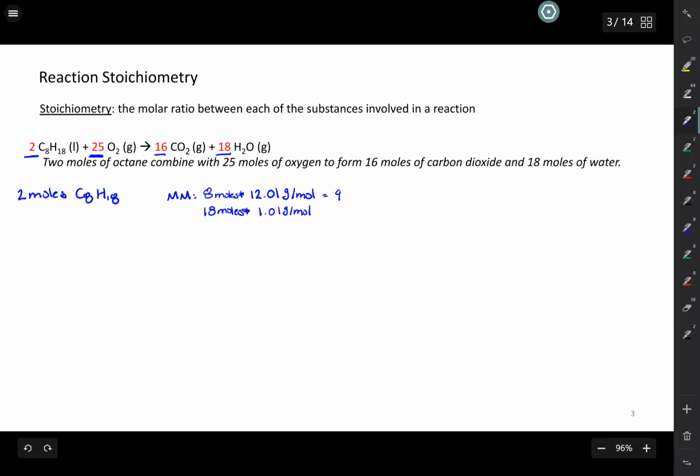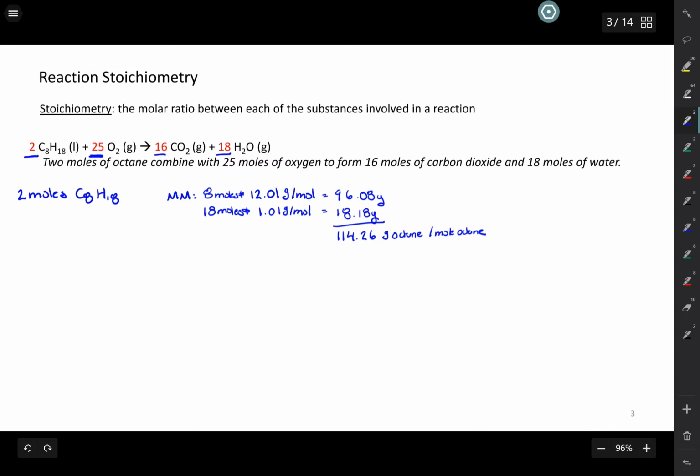We should end up with 96.08 grams of carbon per mole of octane and 18.18 grams of hydrogen per mole of octane. That gets us 114.26 grams of octane per mole of octane.